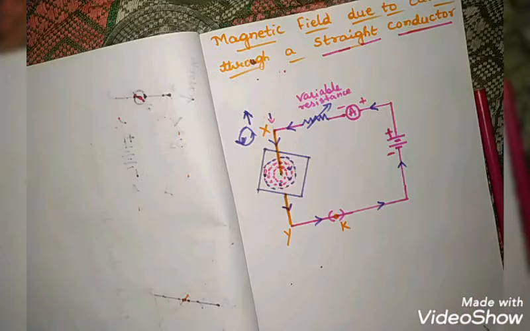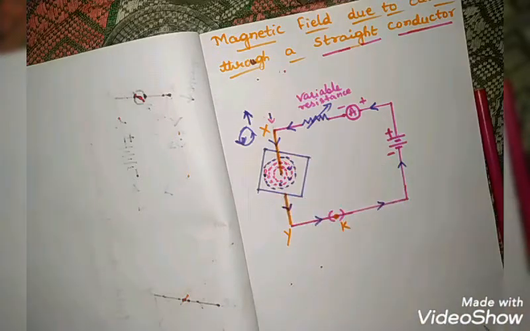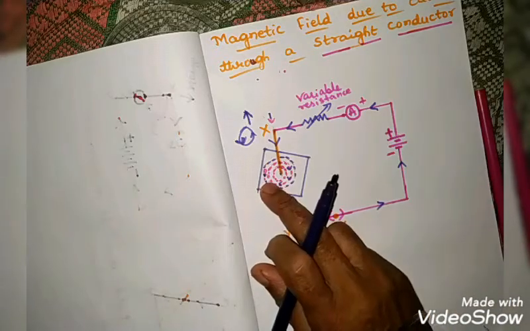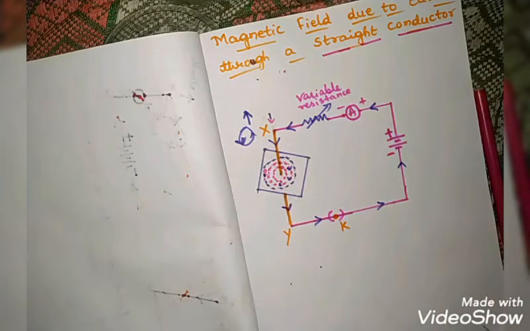It indicates that the magnitude of the magnetic field produced at a given point increases as the current through the wire increases, because the deflection of the magnetic compass was increased.